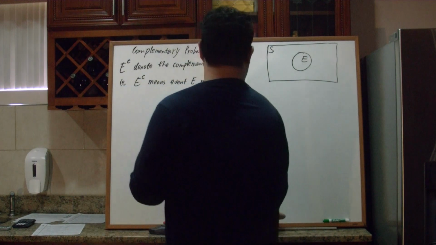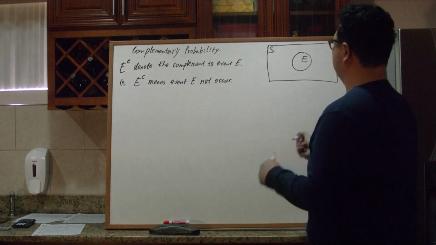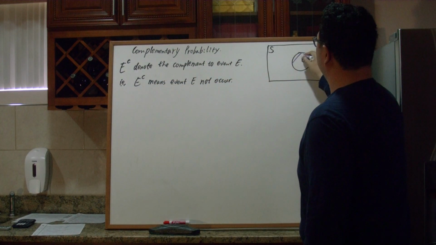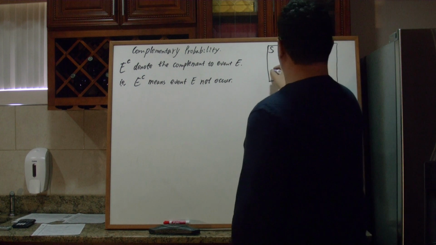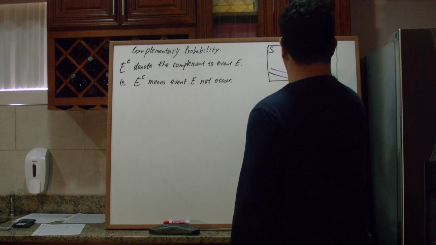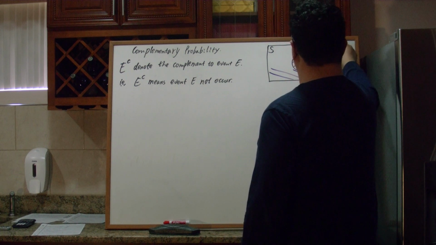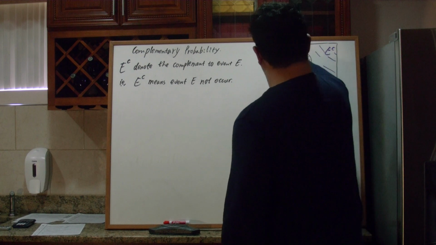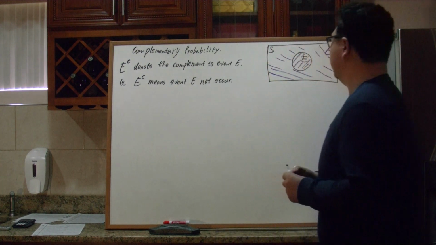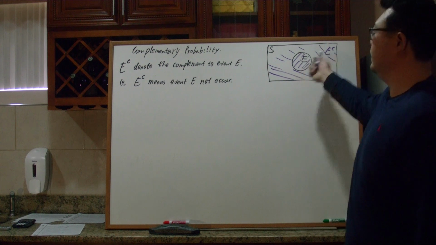The entire rectangle is the event of sample space, inside the circle is the event E, and this big part here is the event of E complement. And the sample space together is formed by E and E complement.